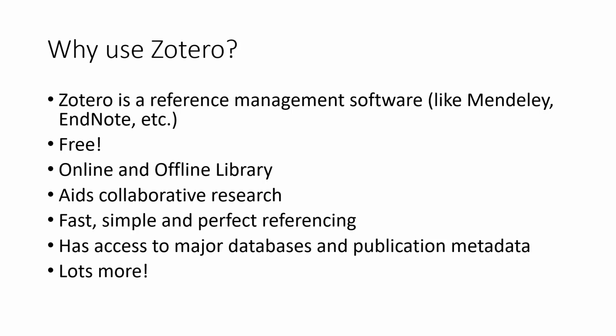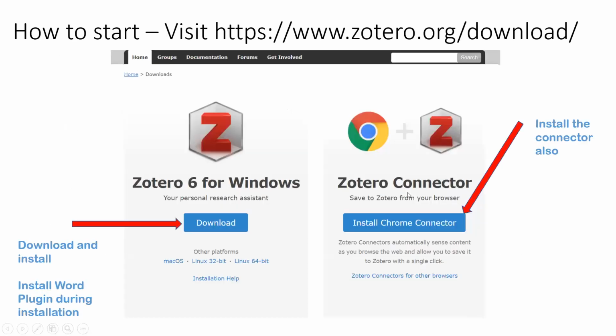And of course, there are several other things that you can do with Zotero. So now, how do you start? The first thing to do is to visit the Zotero page and download Zotero for Windows. And when you're doing that, you just need to go to www.zotero.org/download, and then you can get the document.